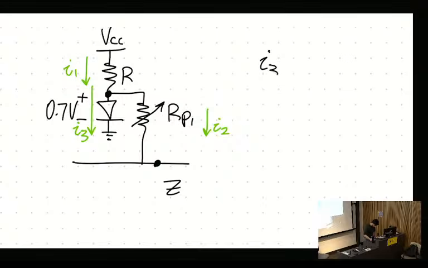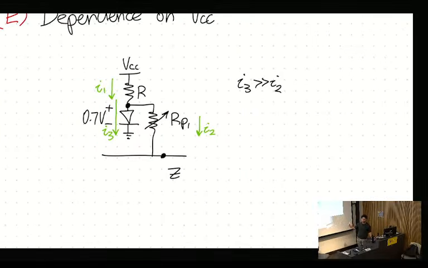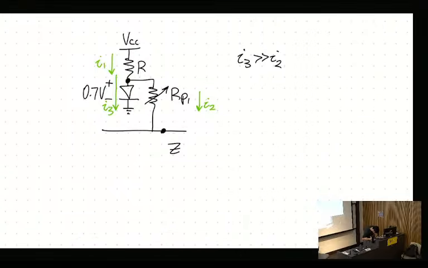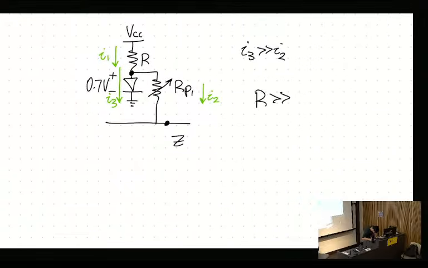So you want I3 to be much greater than I2. Now there are no notes on power consumption here, so this might burn the diode, but it doesn't matter. We just need the current through I3 to be much greater than I2, so that, again, whatever's happening at node Z doesn't go back and affect that voltage. So we just need R much less than RP1.